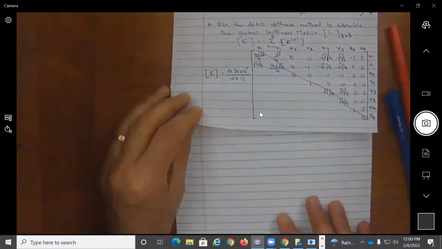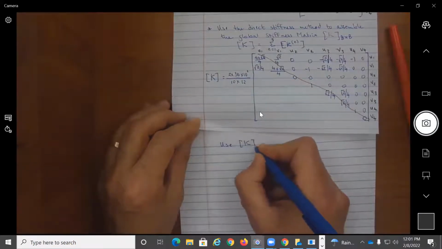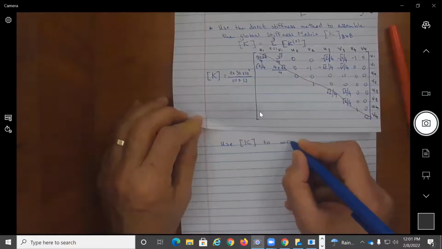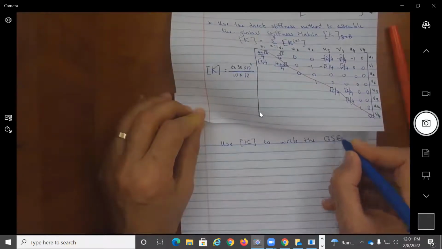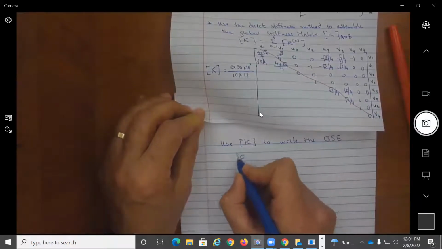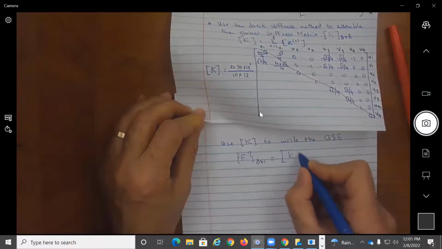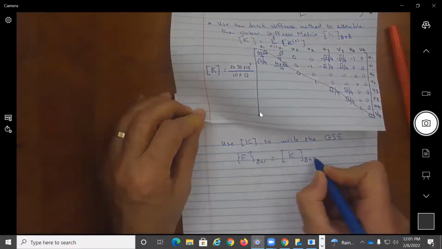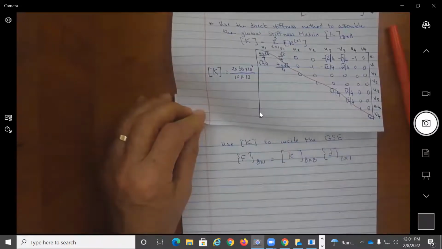So now I have the global stiffness matrix K. We're going to use K to write the global stiffness equations as F, 8 by 1, equals K, which is 8 by 8, times D, which is 8 by 1.